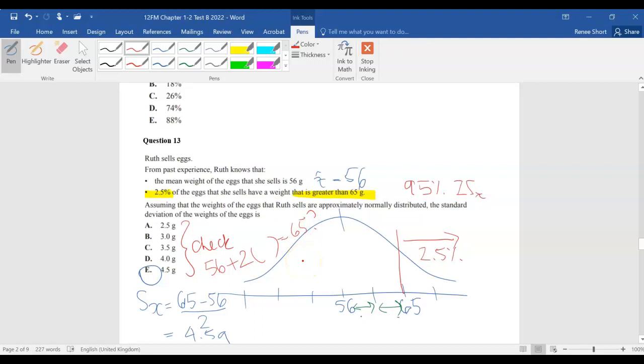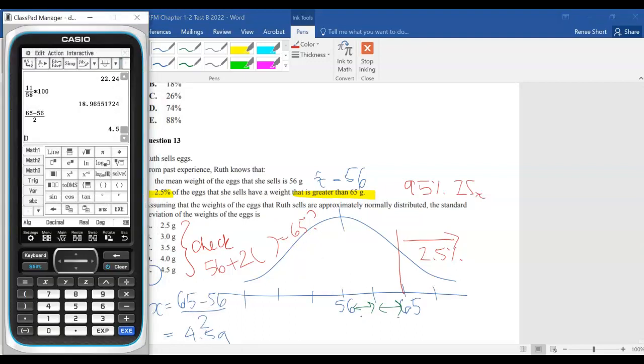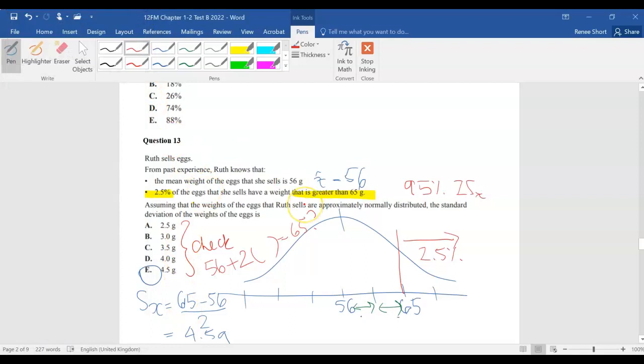And so if I do 56 plus 2.5 plus 2.5, which is the first one there, I end up with 61. So that's obviously not the answer. Again, if I repeat that for the 3 grams, so 56 plus 3 plus 3, I end up with 62. So again, that's not the answer. So you could work through each one like that in a bit of a trial and error, or you could do the little equation that I solved to begin with.